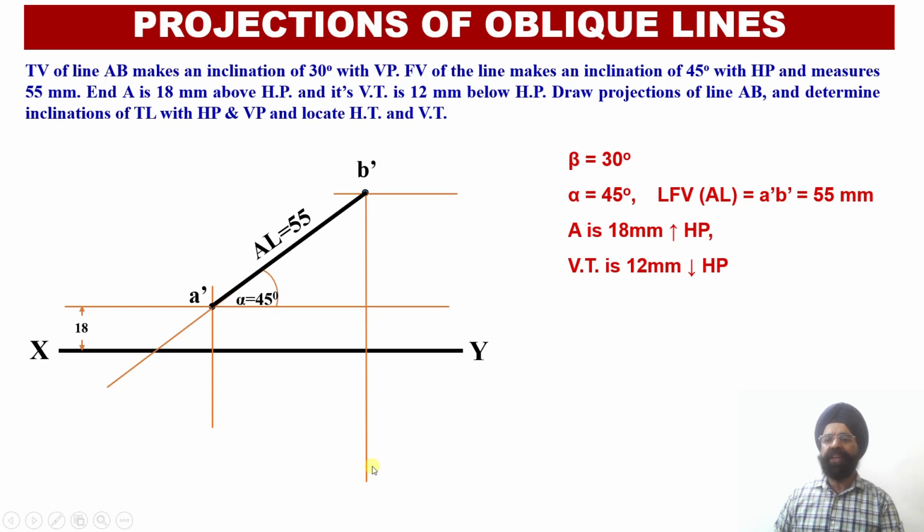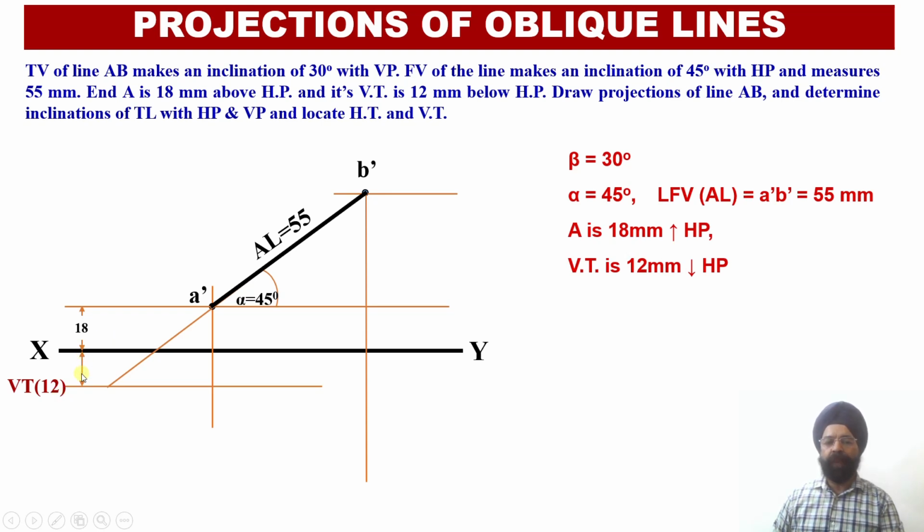Now another information which is available with me is that the vertical trace of the line happens to lie 12 millimeter below the horizontal plane. So this is my XY reference line over here. Now below this XY reference line, I have to mark a locus line at a distance of 12 millimeter below the XY reference line, and this locus line has been drawn corresponding to the vertical trace which is lying at a distance of 12 millimeter below the horizontal plane.